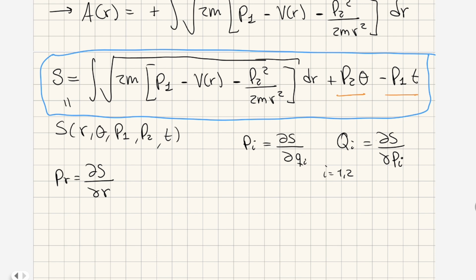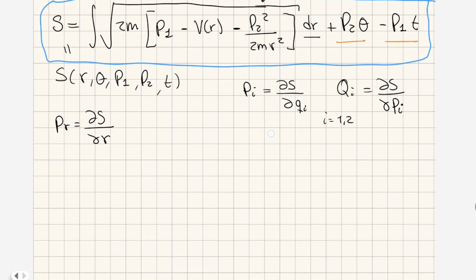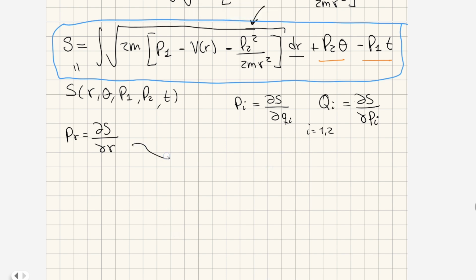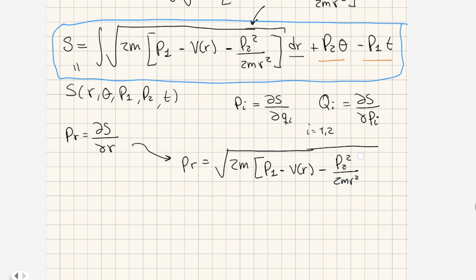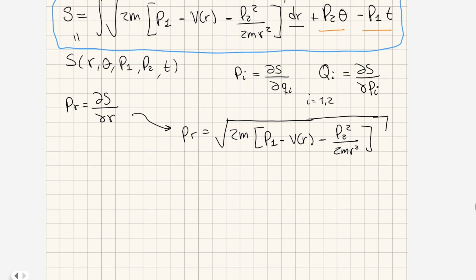Another thing is that we have an integral with respect to the variable r, so if we take the derivative, we just get the expression inside the integral. That means we can easily verify that pr is equal to the square root of 2m that multiplies p1 minus b of r minus p2 squared divided by 2mr squared. Perfect. So this will be pr.